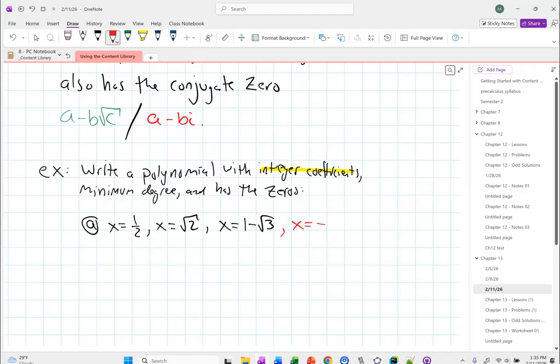Negative square root 2. And what will the conjugate be to the irrational zero 1 minus square root 3? Nope. 1 plus square root 3.